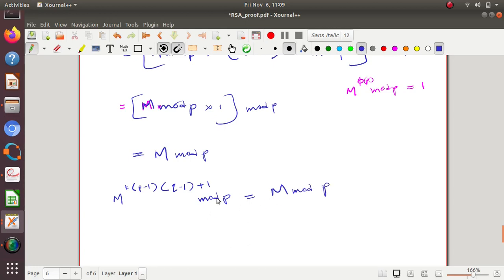So in both cases, that is in case 1, if they are not relatively prime, then this is satisfied, and also for case 2, where they are relatively prime, in that case also this will be satisfied.